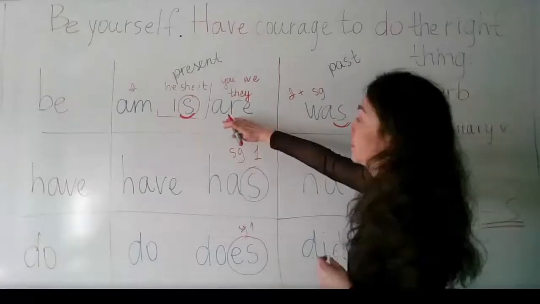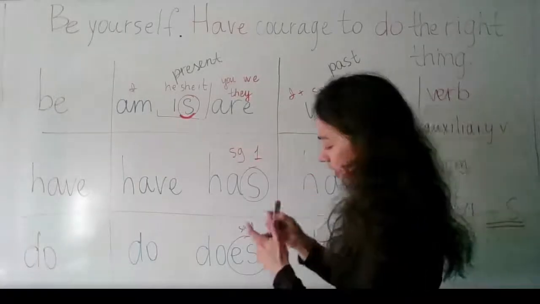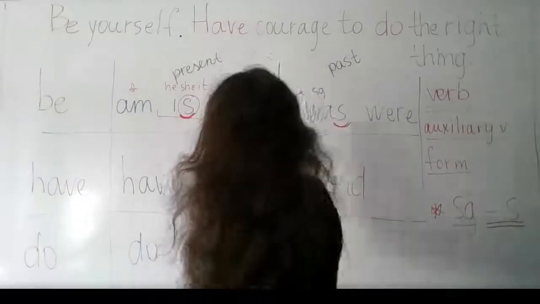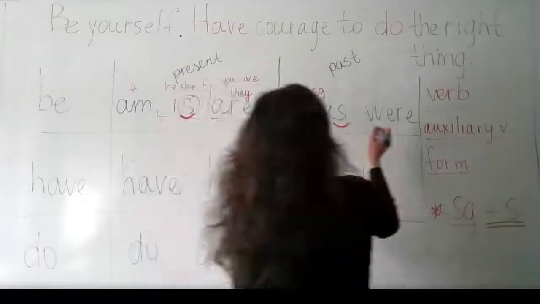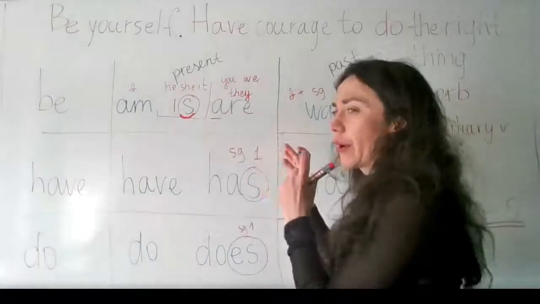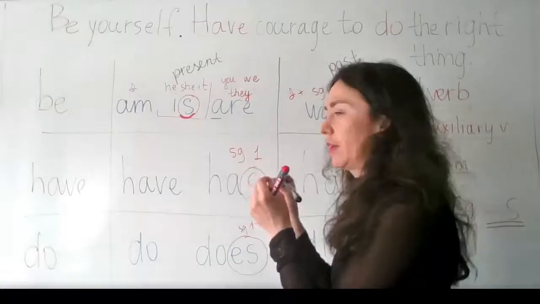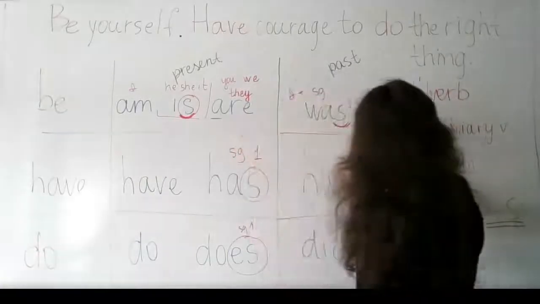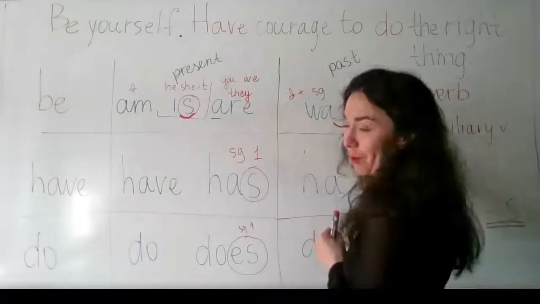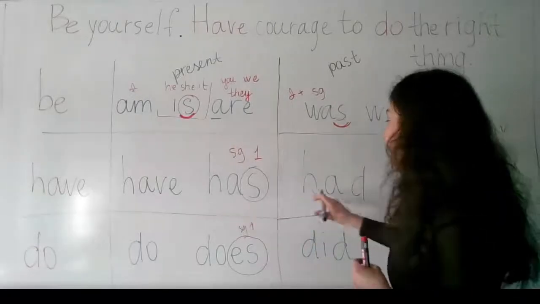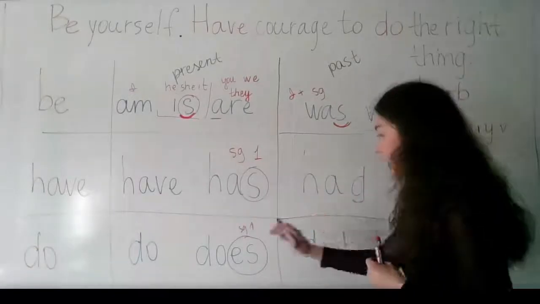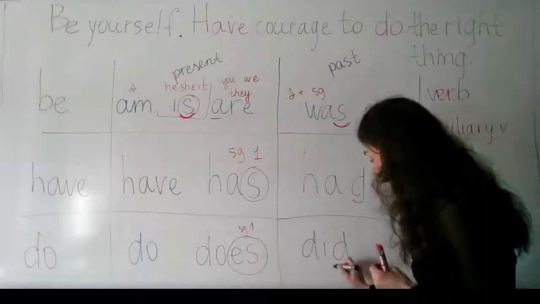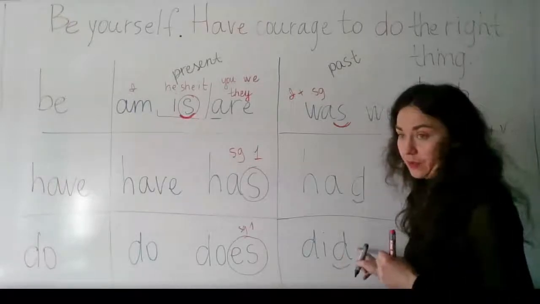And here we have plural, are and were. And look at this letter. Are, were, they sound almost the same, the ending. So you change only one letter and you have another form. Here we have has, had, do, does, did. You see, have D at the end as well.